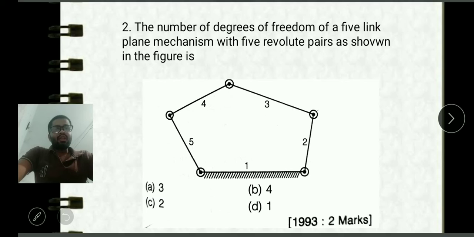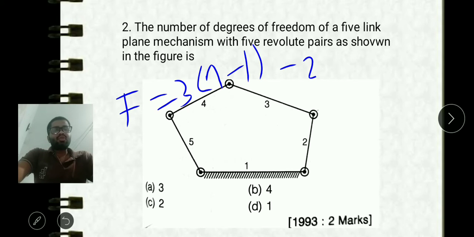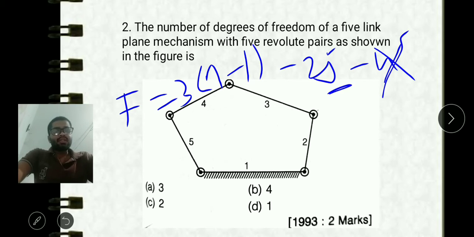If we put in the formula, we know that F is equal to 3 into (n minus 1) minus 2j minus h, where h is the higher pair. There is no higher pair here, so we can neglect this term. And j is the number of joints, which we can count: 1, 2, 3, 4, 5. So there are 5 joints here, and again there are 5 links.